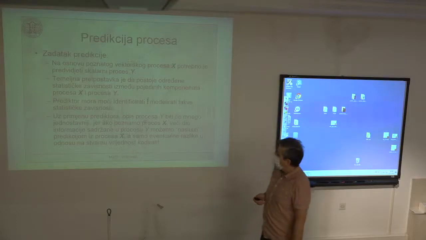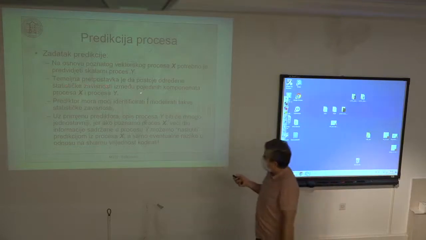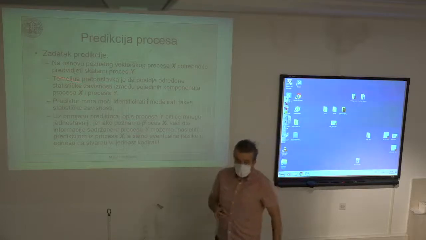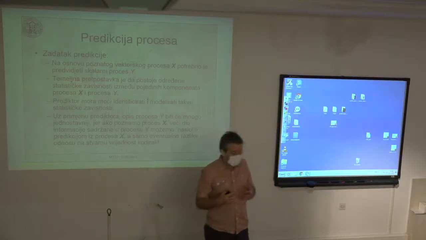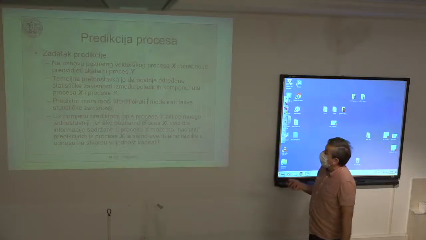And the assumption is that there exist certain statistical dependencies between individual components of the source process and target process y. Without these statistical correlations, without these statistical dependencies, it would not be possible to do the prediction.